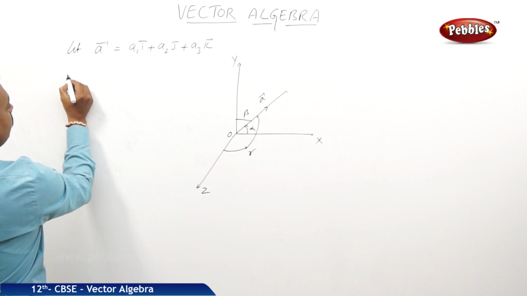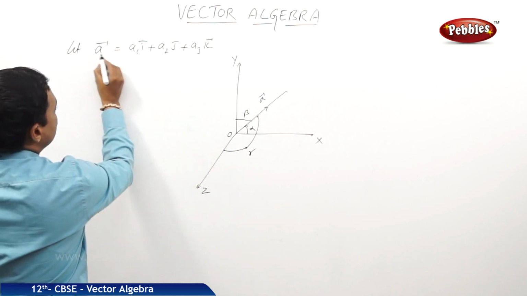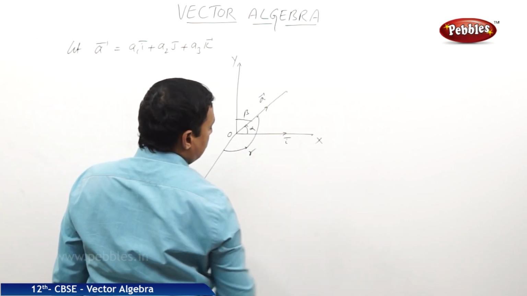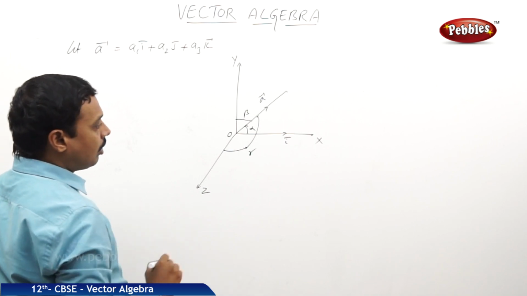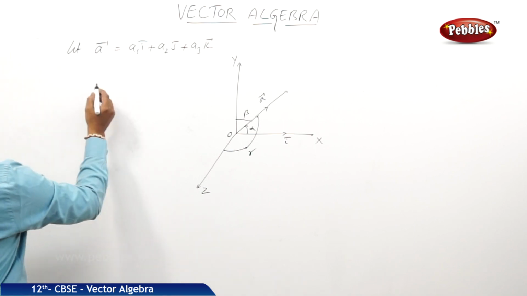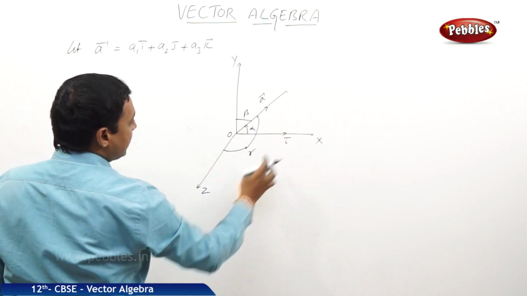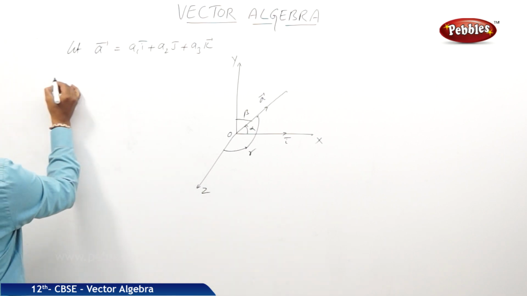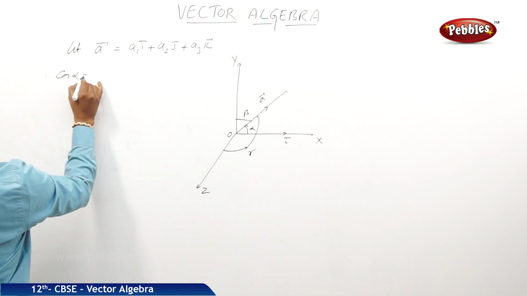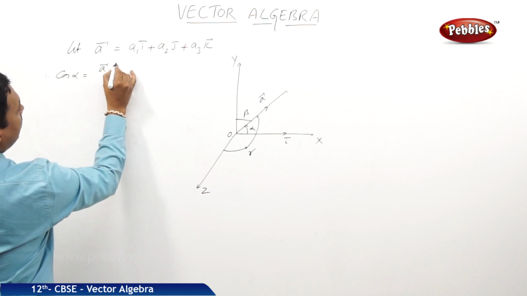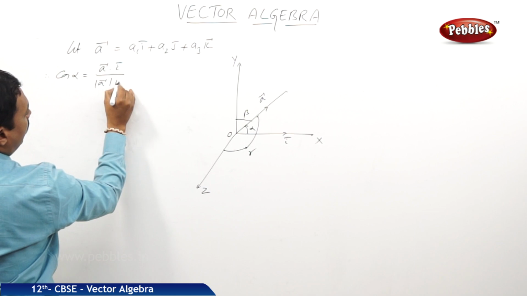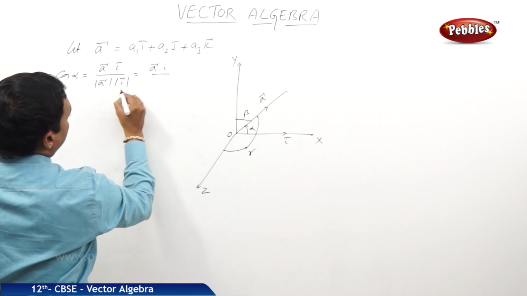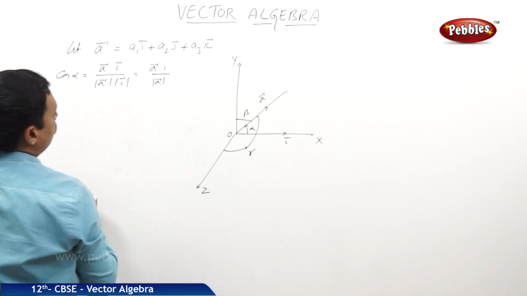Now, cos alpha is equal to, since this vector A bar is making an angle alpha with the x axis, there is a unit vector on the x axis, that is I bar. Hence, it makes the same angle alpha with the unit vector I bar. Therefore, cos alpha is equal to A bar dot I by mod A into mod I. It is A dot I by mod A, since mod I is equal to 1.